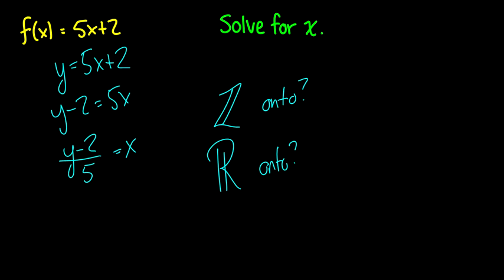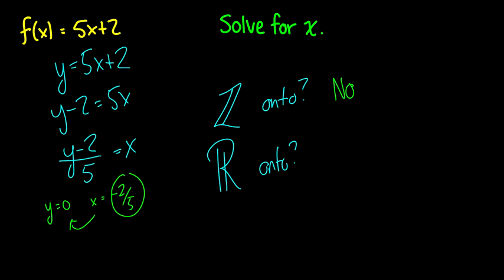Well, suppose that y is equal to 0. Then we're going to have that x is equal to negative 2/5. So, if we can only work in integers, then the only possible way to map x onto 0 is to plug negative 2/5 into the equation, but that is not an integer, therefore it's not onto in the set of integers.